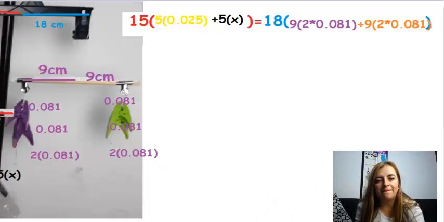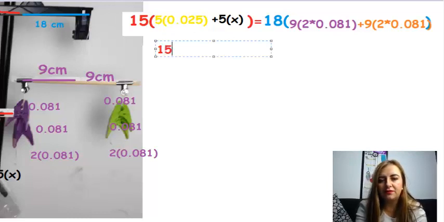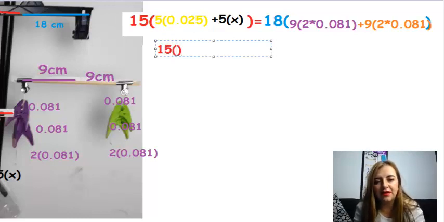Alright, so now, in this part, I first need to find how much is this. Why? Because these are in parentheses, this doesn't have the variable x, so we can do it step by step and solve it, alright? So I will have 15 parentheses, and I'm going to solve the first part here and add 5x.